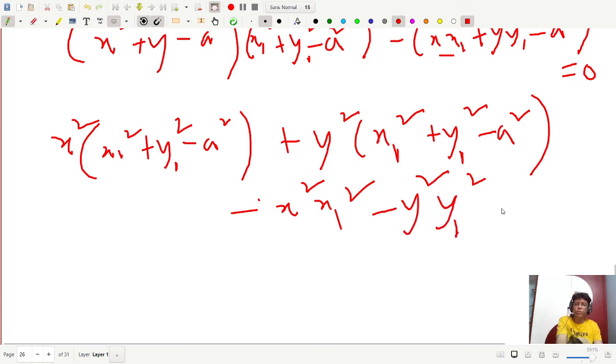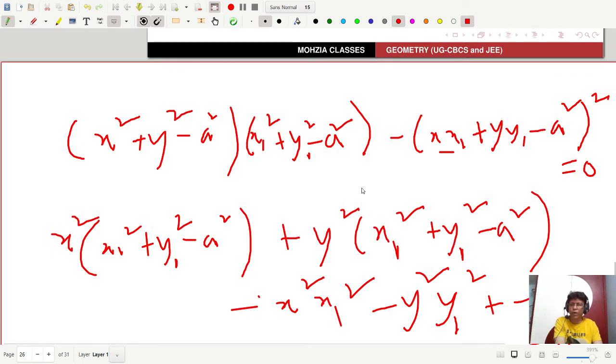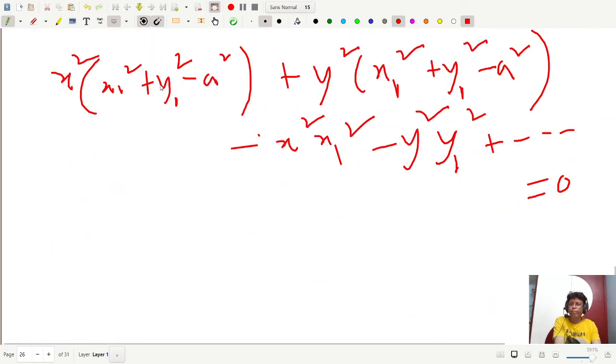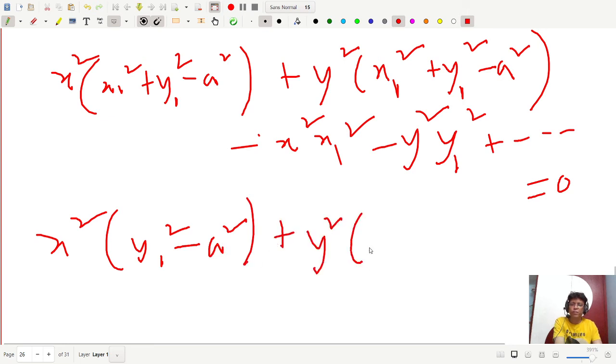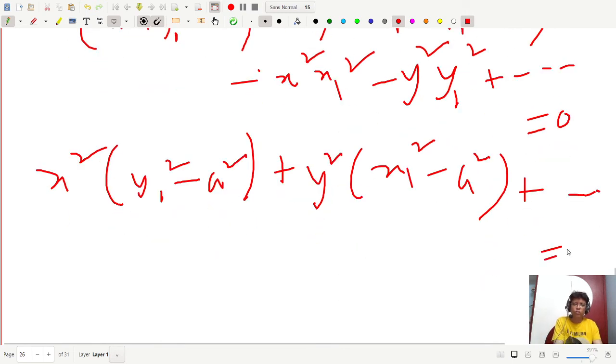I'm not calculating the rest because I consider only the coefficients of x squared and y squared. So the coefficient of x squared is ultimately y1 squared minus a squared, and the coefficient of y squared is ultimately, after simplification, x1 squared minus a squared, and all other terms like xy and constant, equal to 0.